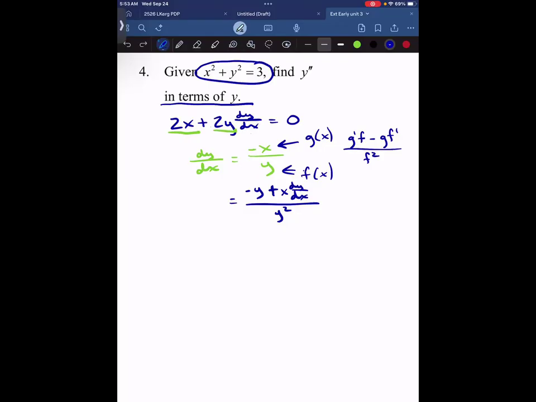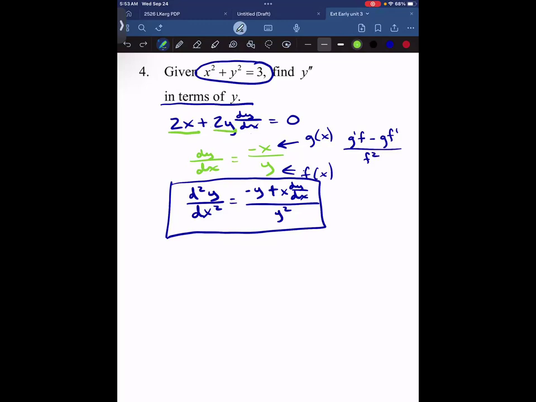Okay, now that is the second derivative. We differentiate both sides, right? We're looking for that second derivative, so now we don't have to isolate. Now it's done, except right there, we can't leave that.